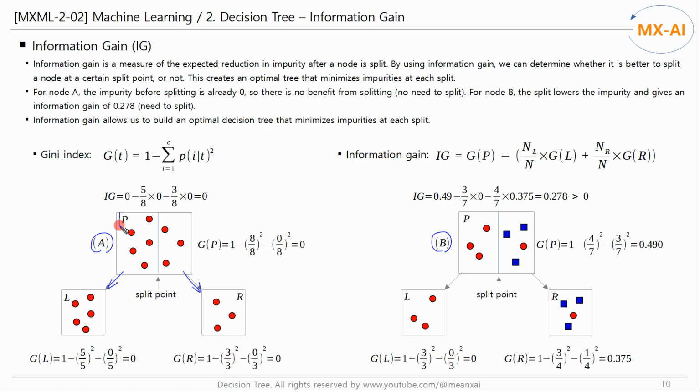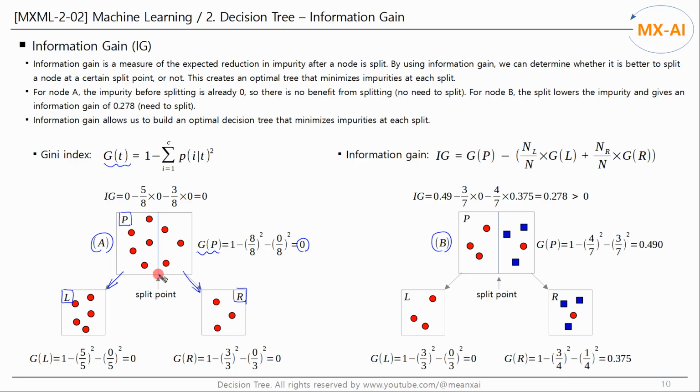The capital P denotes the parent node, and L and R denote the left and right child nodes, respectively. We will use the Gini index to measure impurity. First, let's calculate the Gini index of the parent node. This node contains only red data points, so its Gini index is 0.